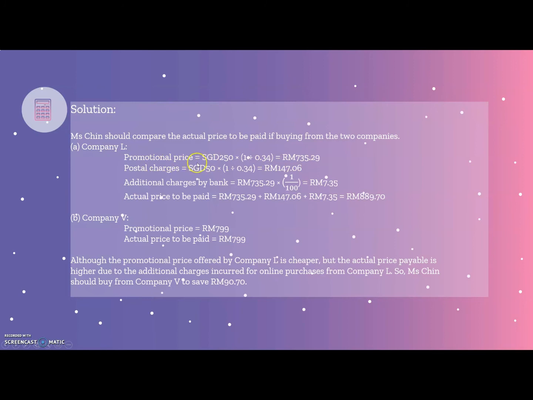Convert the promotional price, convert the postal charge price, and then add the additional charges by the bank: 1% times RM735.29 equals RM7.35. So the actual price to be paid by Ms. Jean to Company L is the promotional price, postal charges and additional charges, which equals RM889.70.